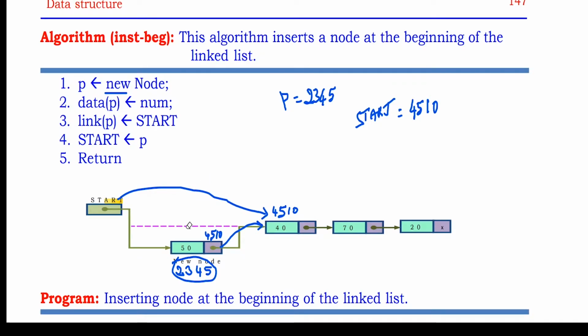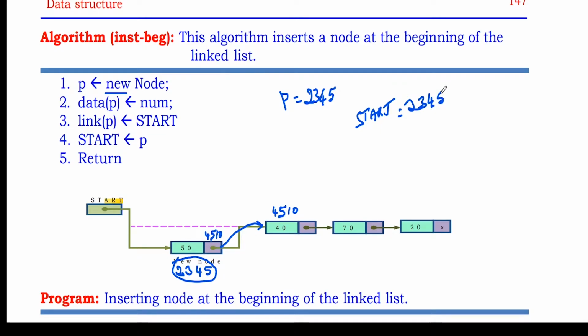So now this line does not exist. Okay. So now what happens? The start is given, so nothing is there. So start, what I did, I made P. Start is equal to P, what is P? 2345.